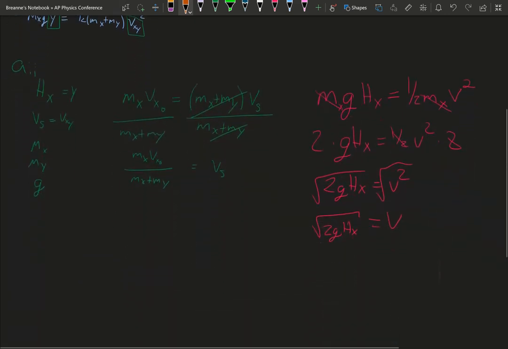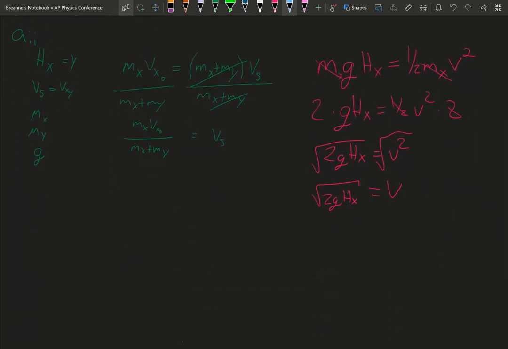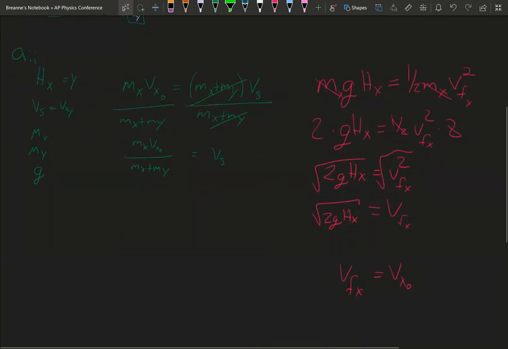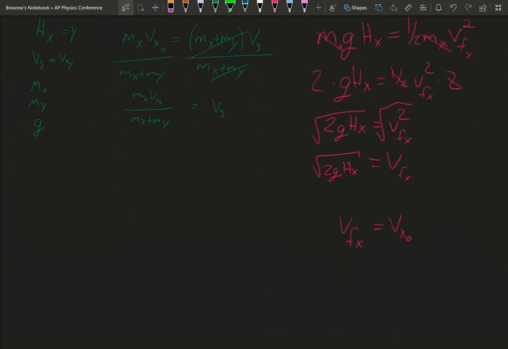So this final velocity here, final velocity x, is the same thing as our initial velocity for our momentum, because the energy stops changing right at the end and it goes into our momentum. So that's how that works.